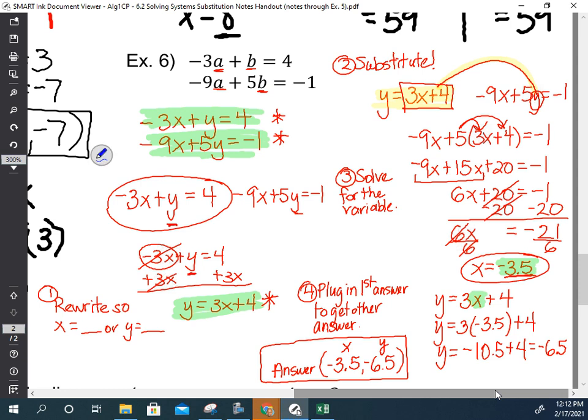After we did 3 times negative 3.5, that's negative 10.5. And then negative 10.5 plus 4 is negative 6.5. That's because we used y equals 3x plus 4. So if you use a different equation, your setup might be a little different.